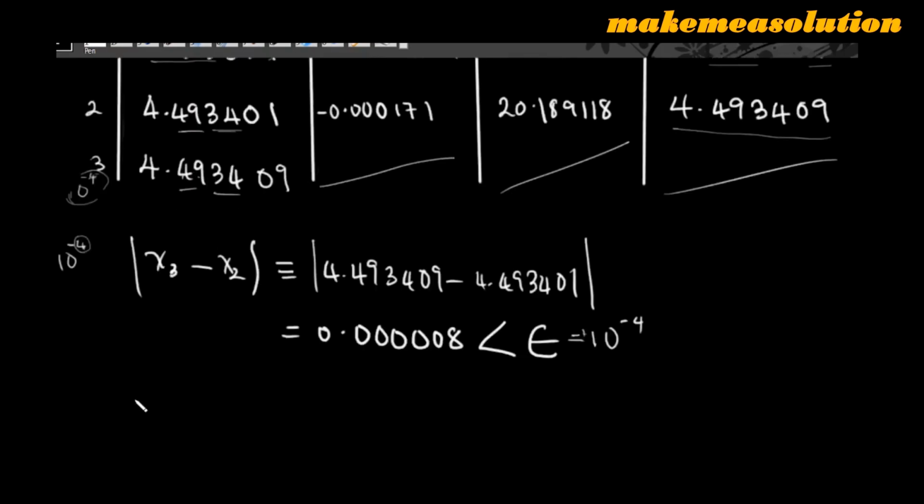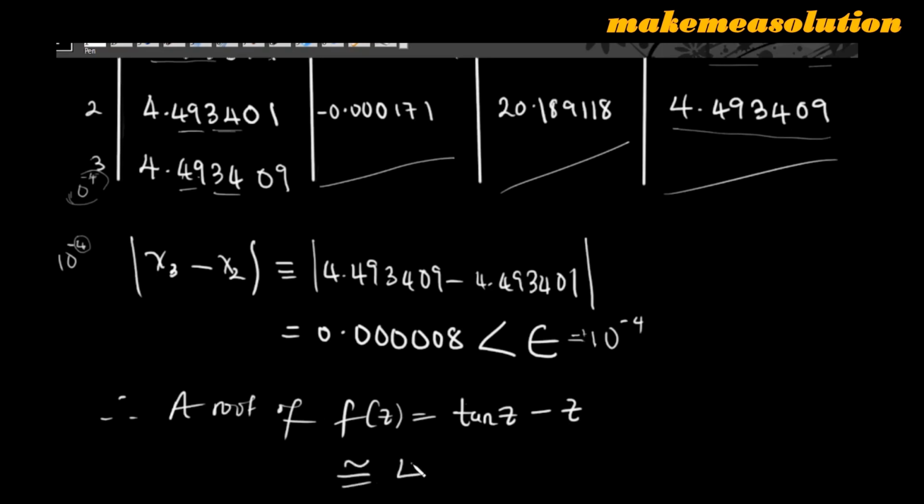So you can now say, therefore, a root of f of z, tan z minus z, is approximately 4.4934. Now we are working with 4 decimal places. Is that okay? 4.4934 is an approximate decimal value.